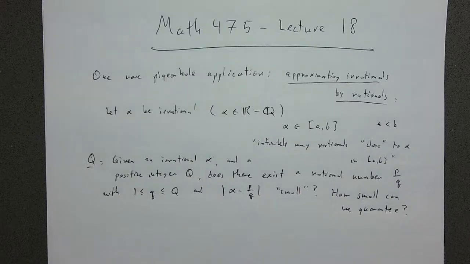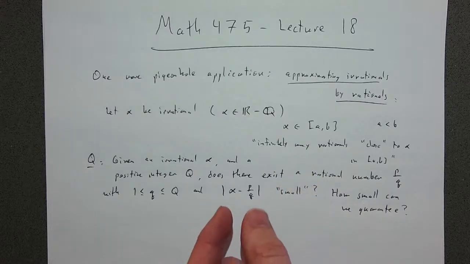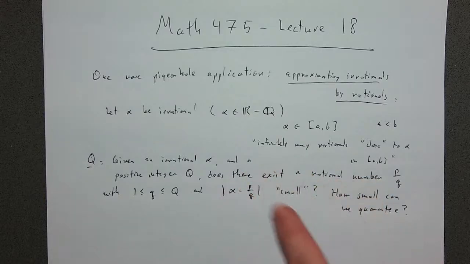Now, you can start to think about partitioning intervals. You say alpha has to lie in some interval between k over q and k plus 1 over q, so you can think about incrementing the numerators.